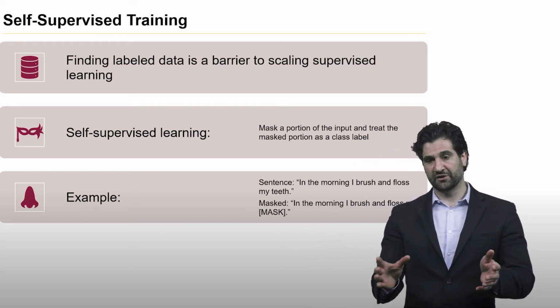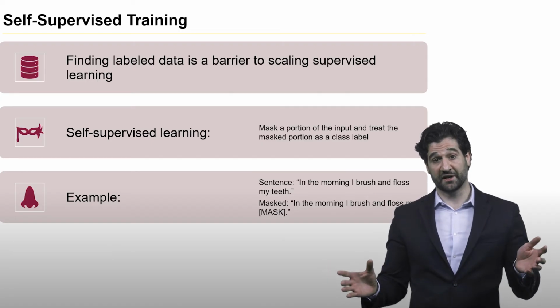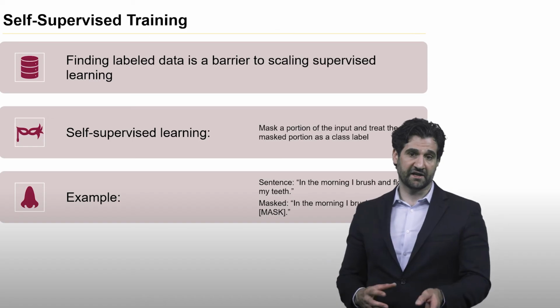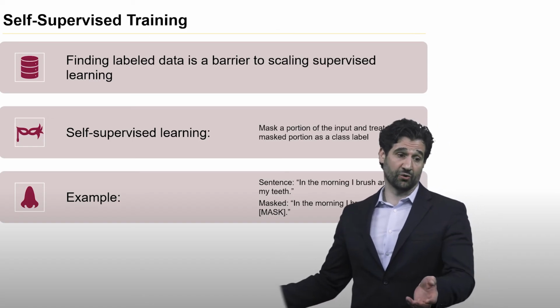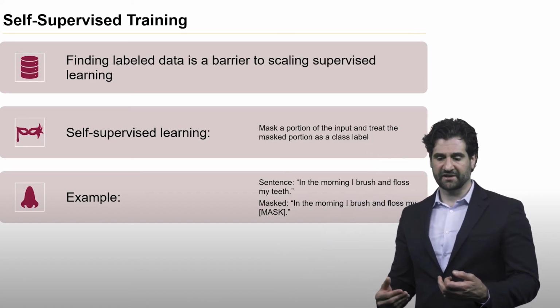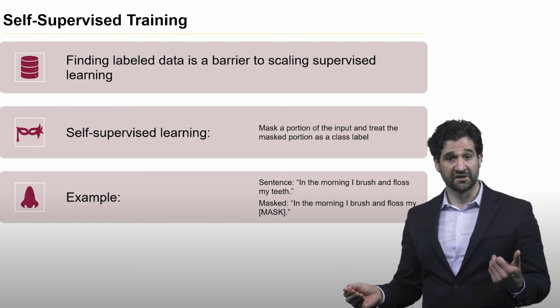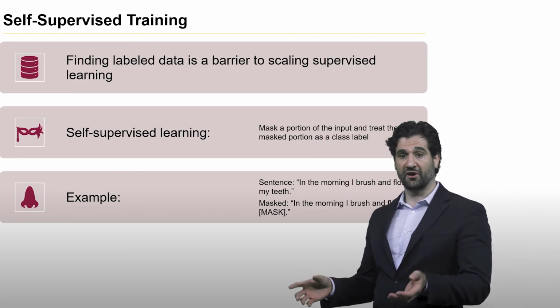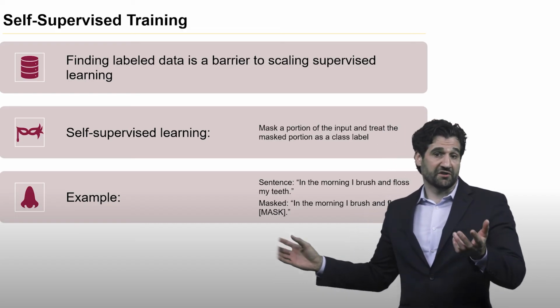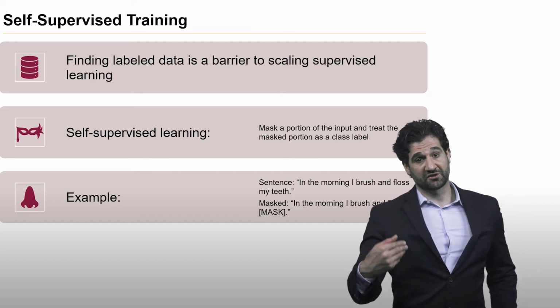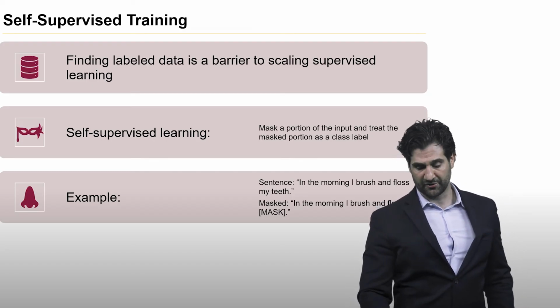And then maybe the word teeth gets masked out. Based on the beginning part of that sentence, what is that final word? As we can all guess as humans, if you hear "in the morning I brush and floss my blank," most of us are going to fill in teeth with a very high probability. Essentially, we're getting the model to do the same thing.